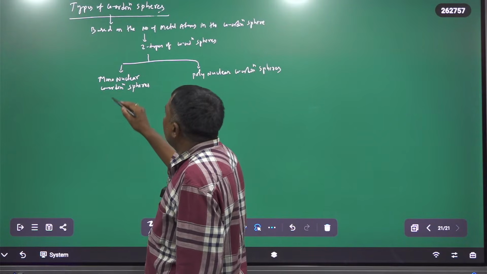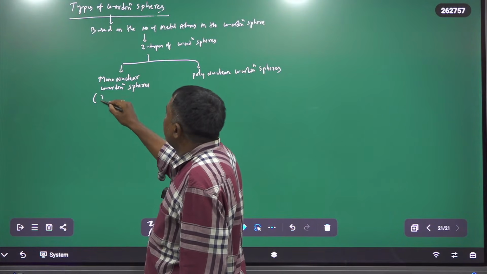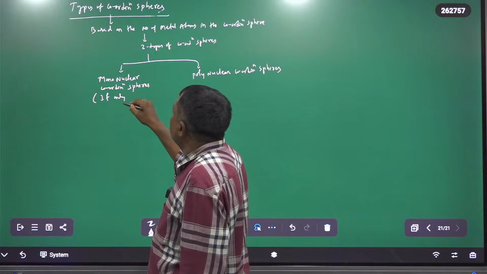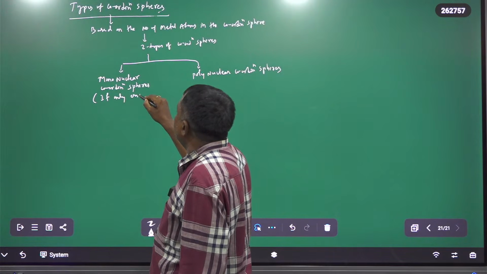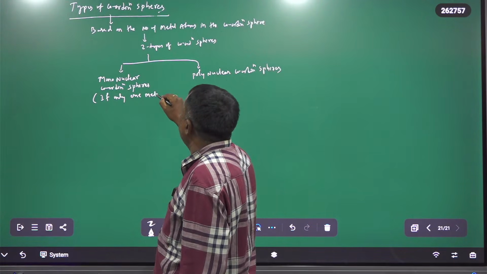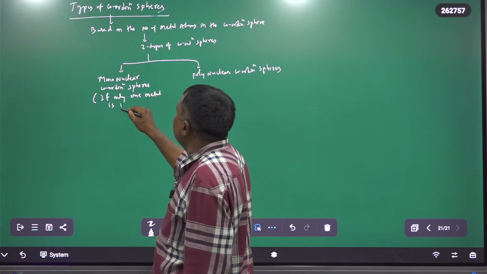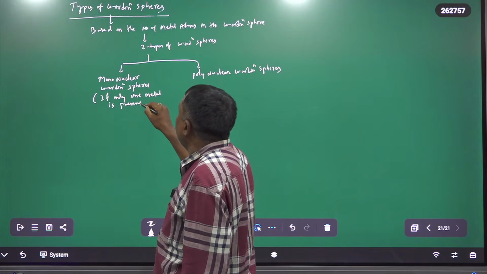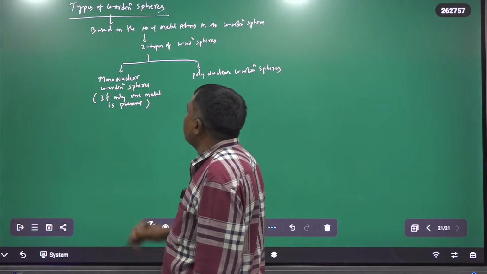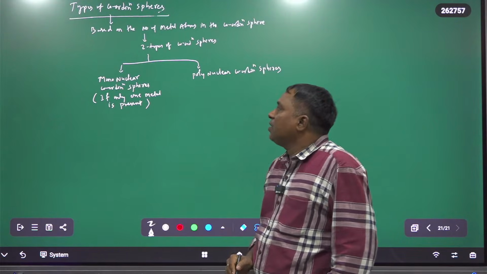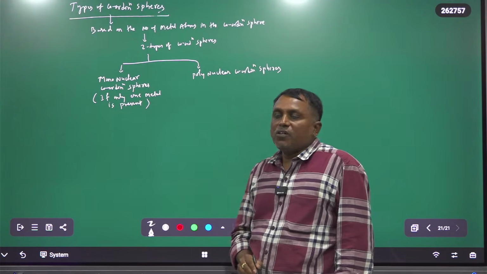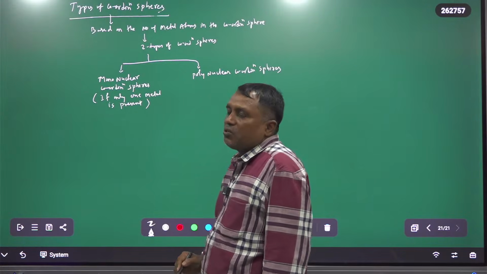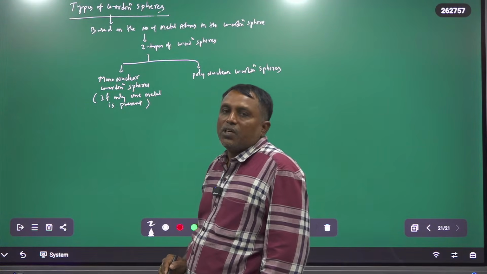So what are mononuclear coordination spheres? If only one metal atom is present in the complex, such species are called mononuclear coordination spheres or mononuclear complex compounds.